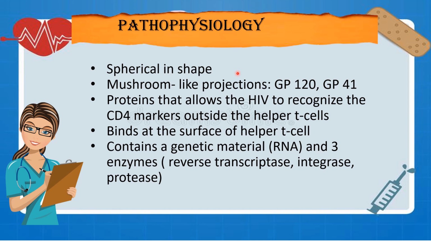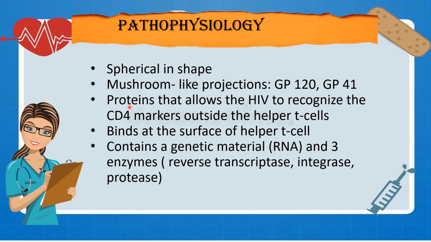Viruses are intracellular parasites that have a spherical shape. HIV is in the subfamily of lentiviruses and is a retrovirus because it carries its genetic material in the form of ribonucleic acid, or RNA, rather than deoxyribonucleic acid, or DNA.